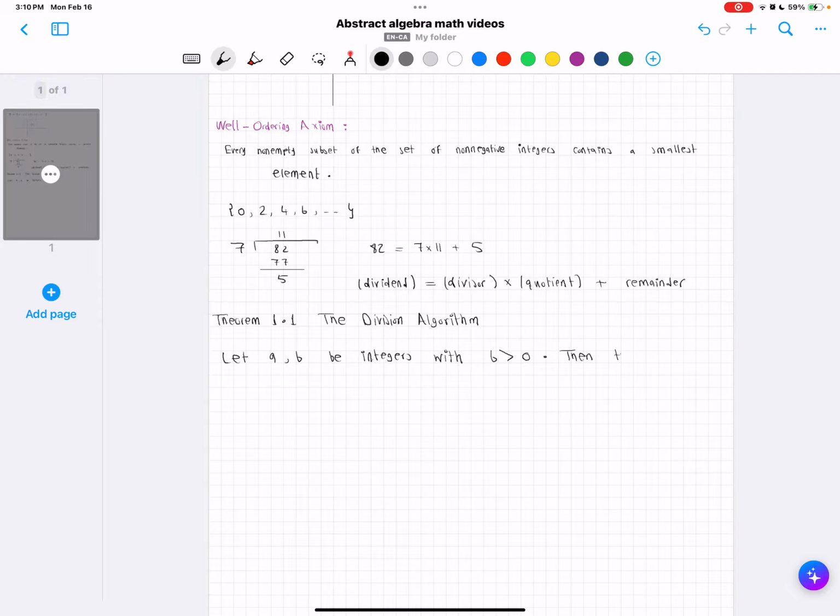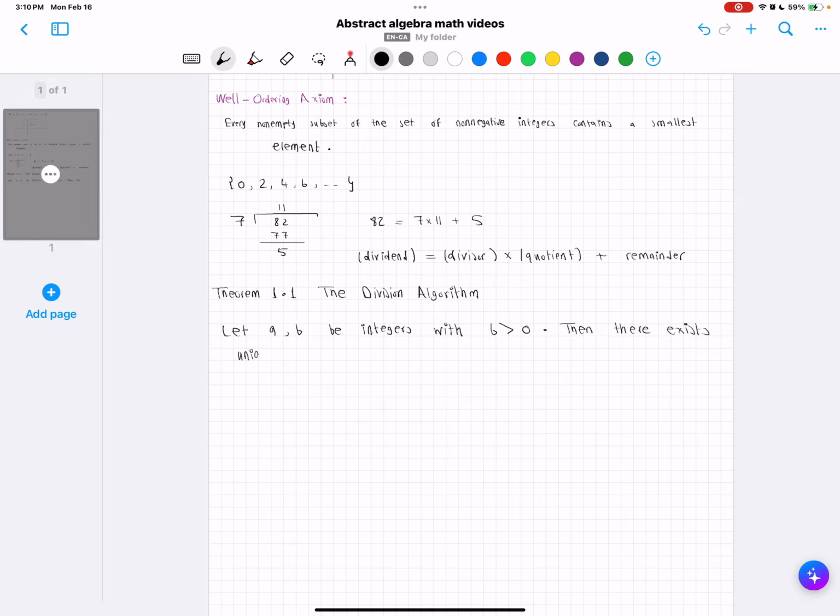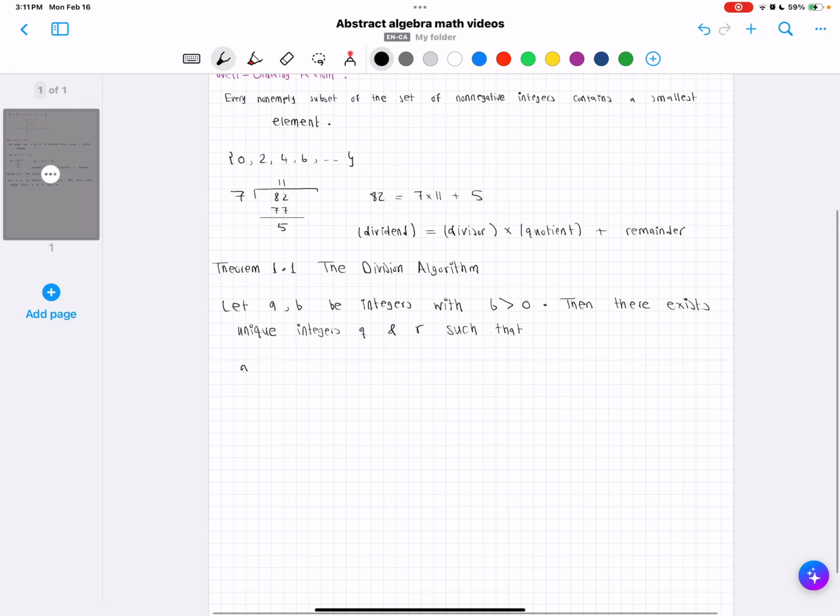Then there exist unique integers q and r such that a is equal to b times q plus r, where r is bigger than or equal to 0 and less than b.